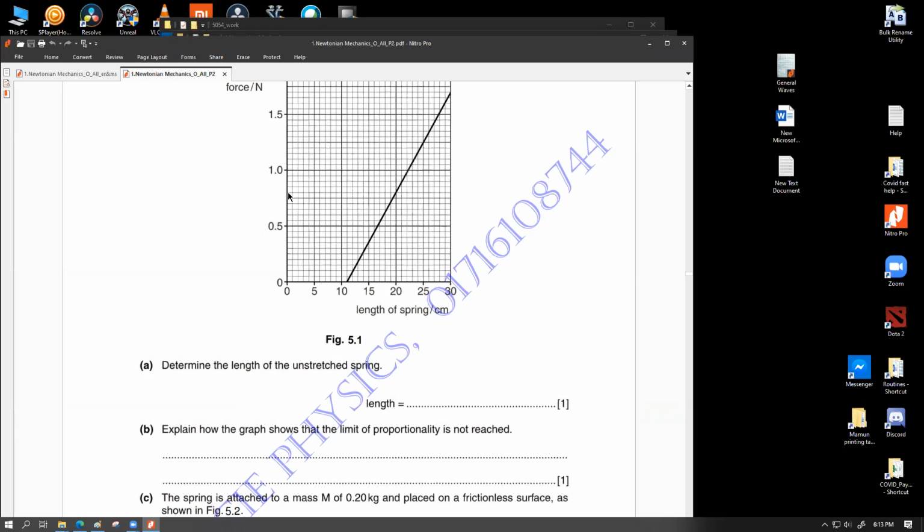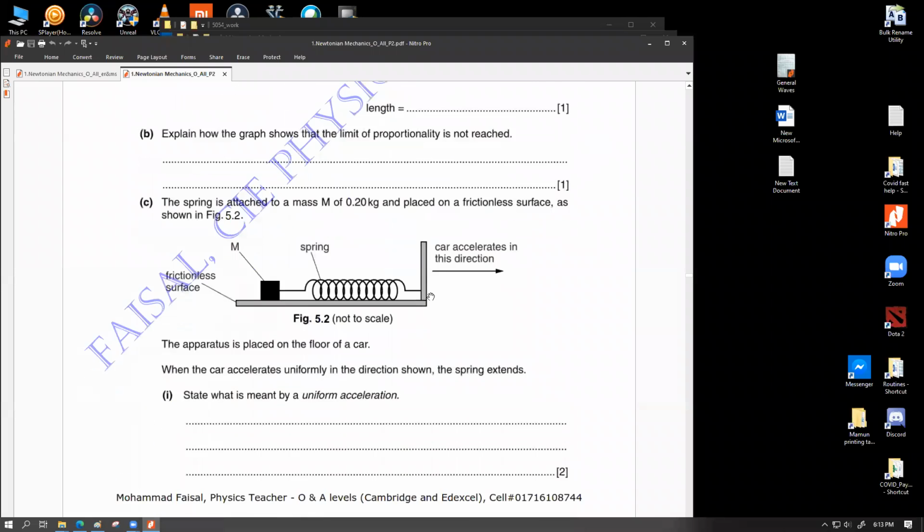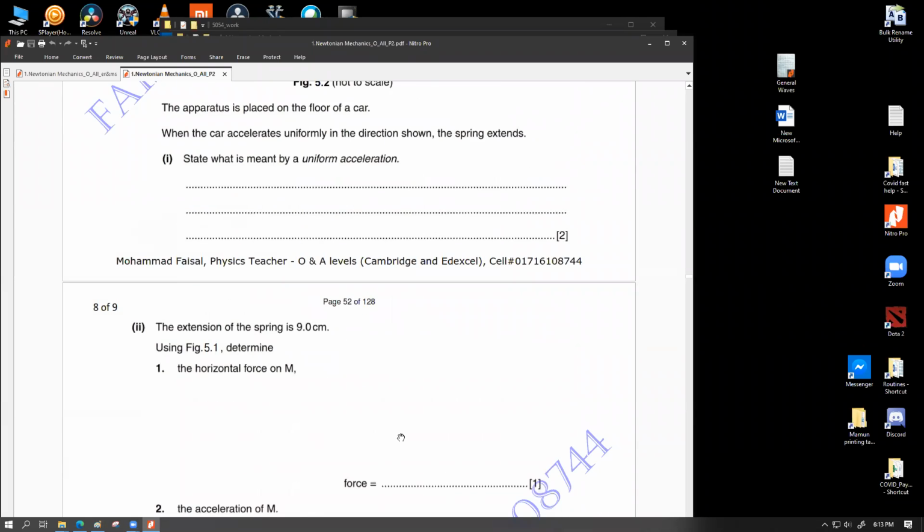Its smallest division is 0.05 here. So this is 0.75, 0.8, I think. 0.80, yeah. So that is the force that we're going to have from this.